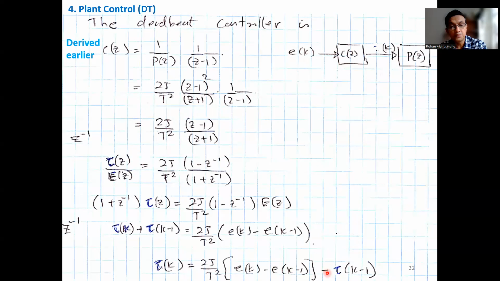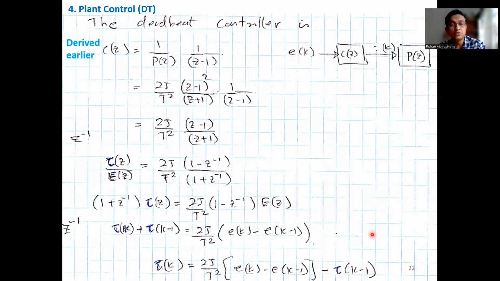So then this is minus 2j over t square, minus 2j over t square, minus this one, the previous error.